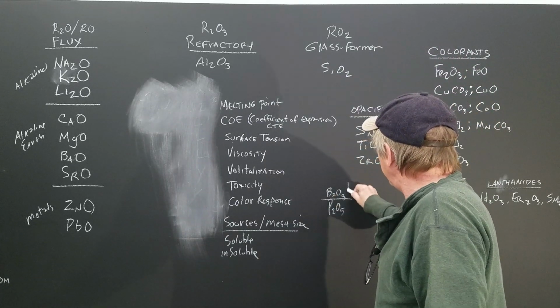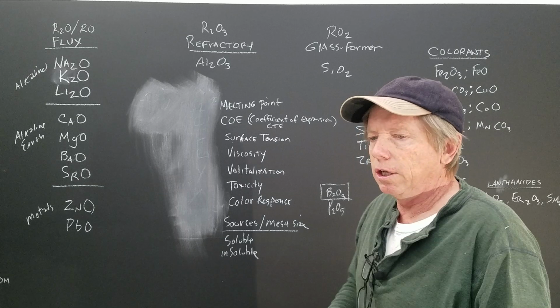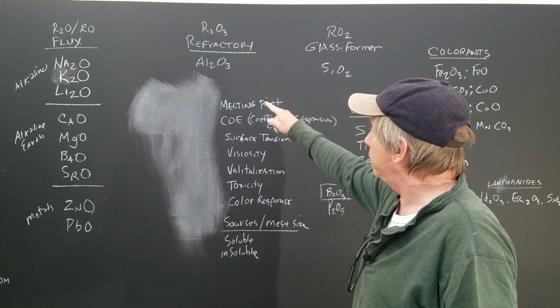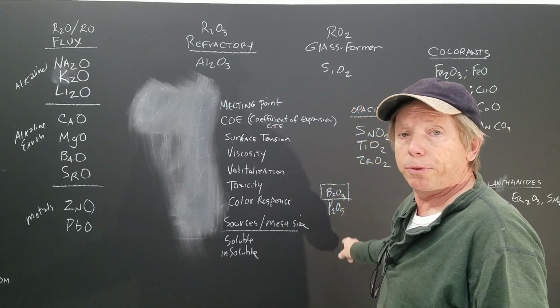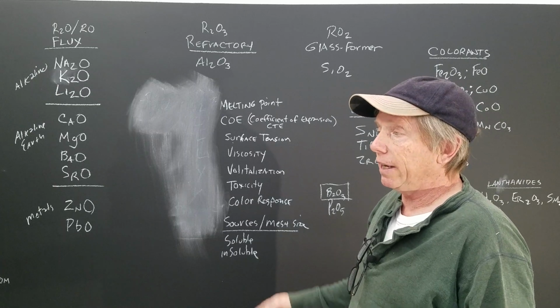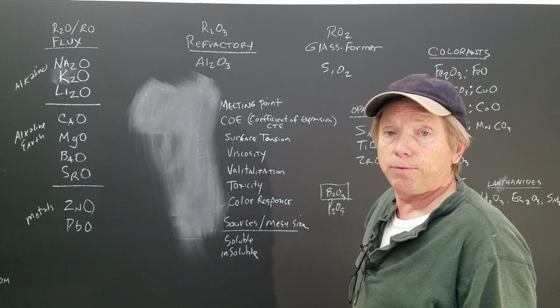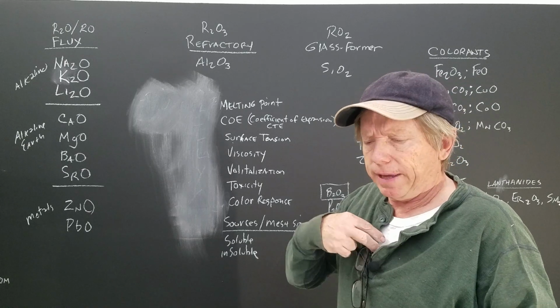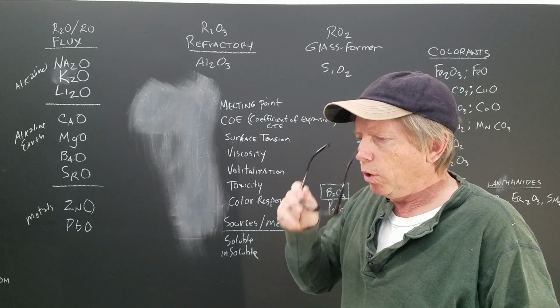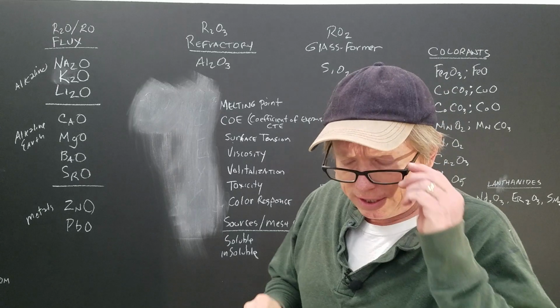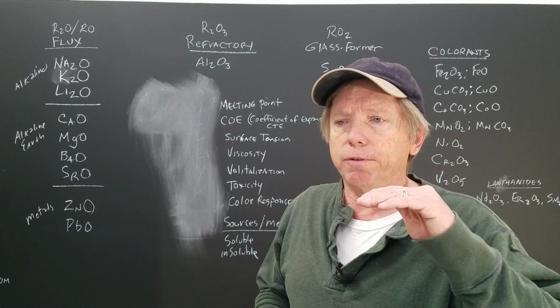Boron, even though it looks like a refractory in structure, R2O3, actually acts like a flux, and it is a glass former. So that's an excellent material. What it really does is it's not a really good flux.